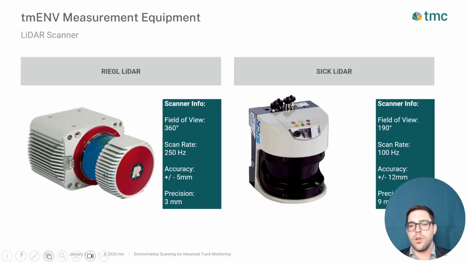If you have lower measurement speeds, for example for the ballast profile measurement, where the accuracy requirements are not so high, we also offer a low-cost sensor with the SICK lidar, which is completely sufficient for that use case and is also very beneficial regarding costs.